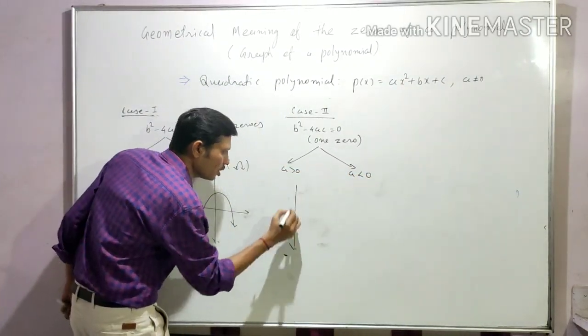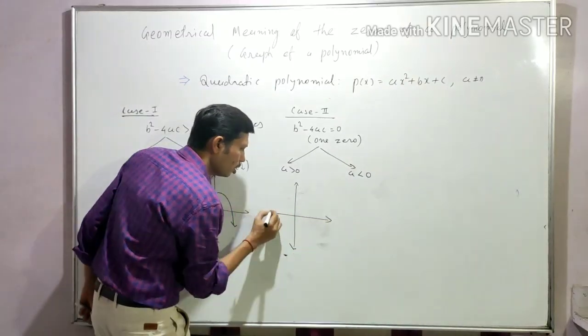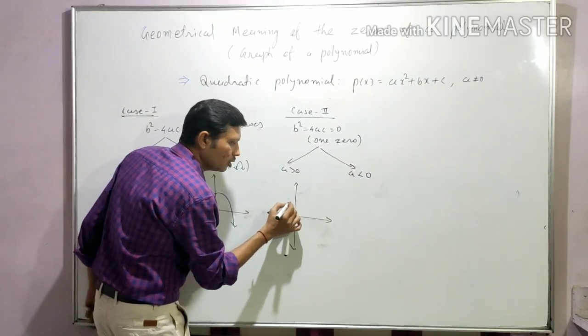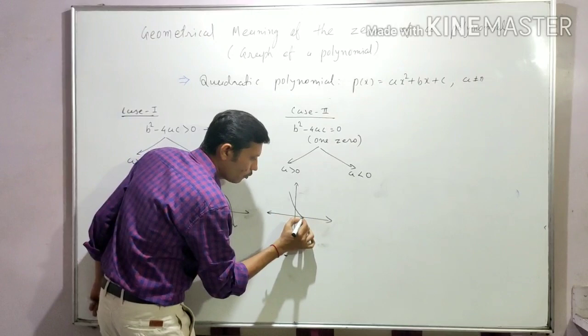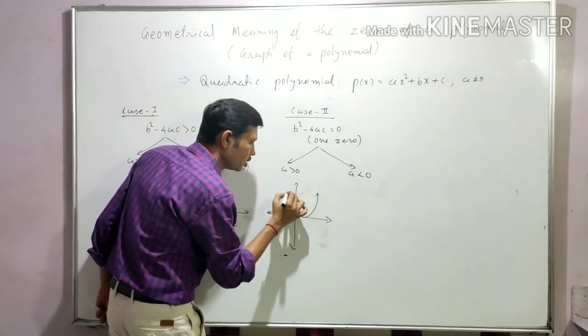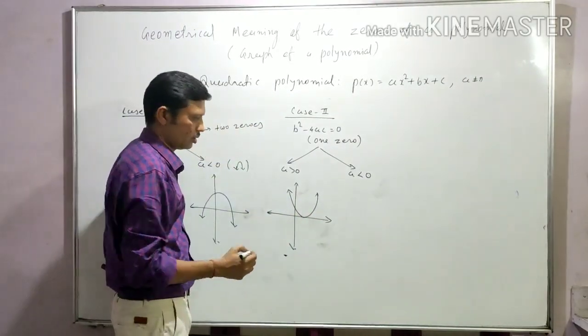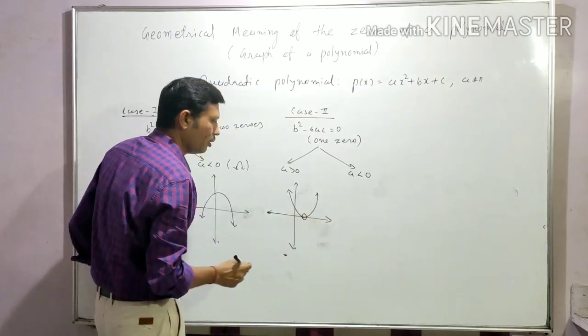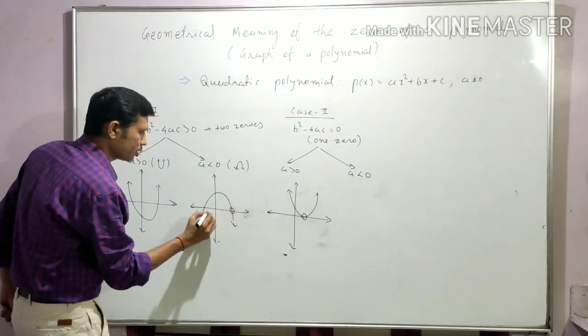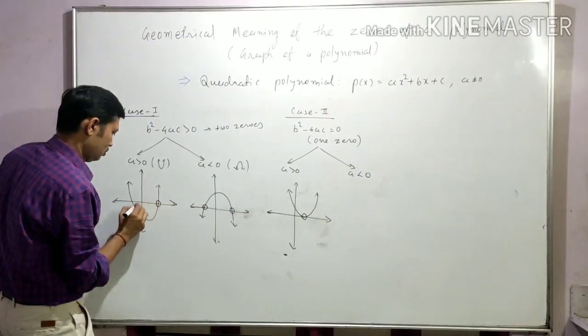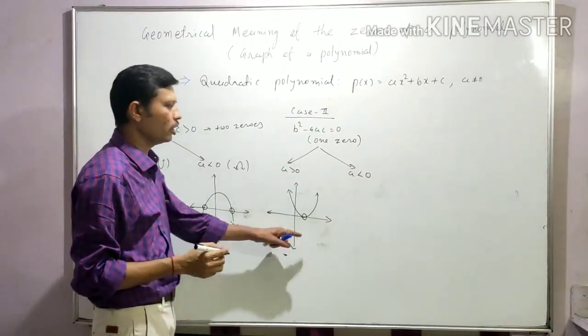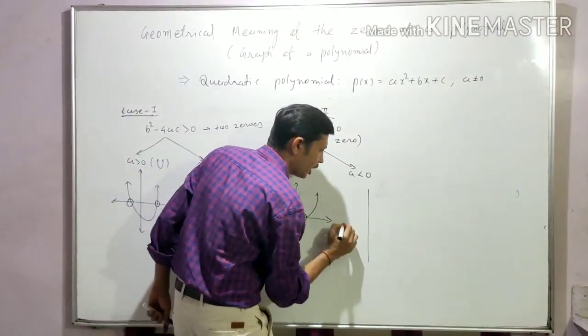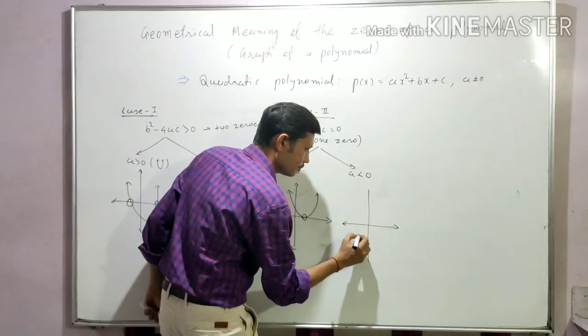If a is greater than 0, it is a parabola upwards, but with one solution. So it's like this. It only touches the x-axis. You can see this point here. Here we had two points, so two zeros; here only one zero. Parabola upwards as well as parabola downwards.